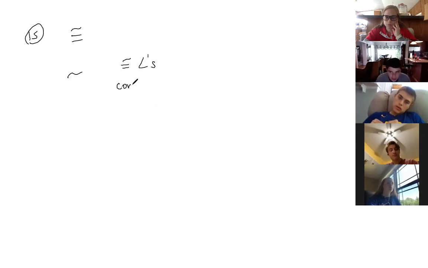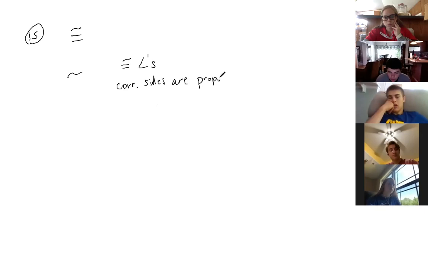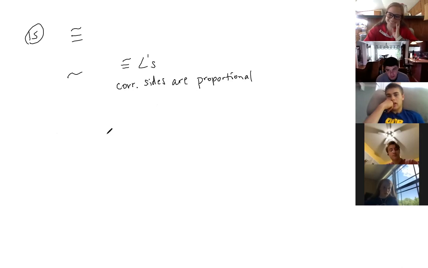Corresponding sides. The corresponding sides are what? Proportional. Okay. I believe that they are due to the fact that there is already a similar sign in the congruent symbol. That wouldn't work on my test.